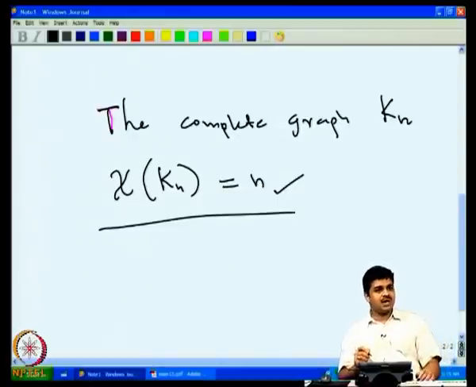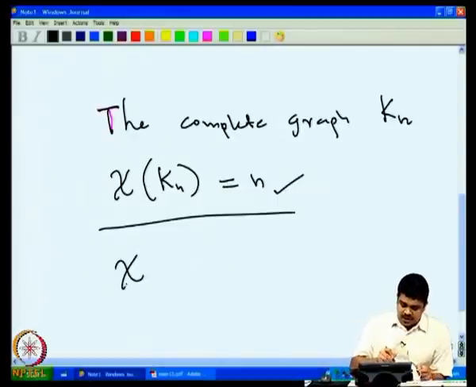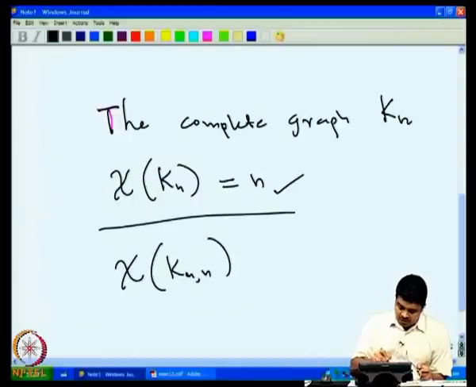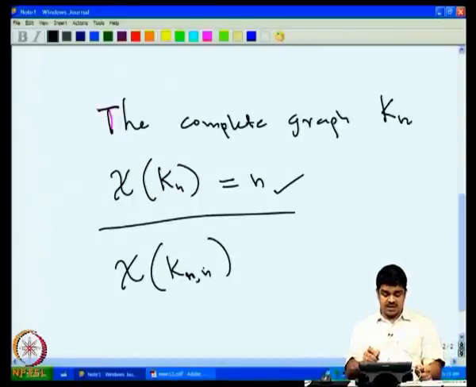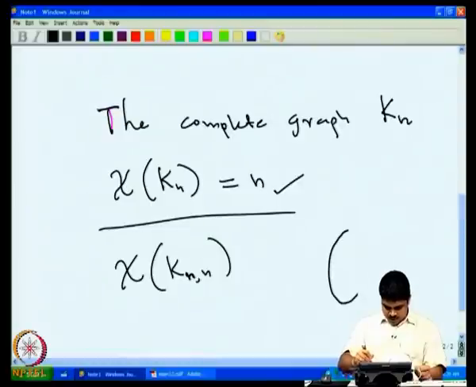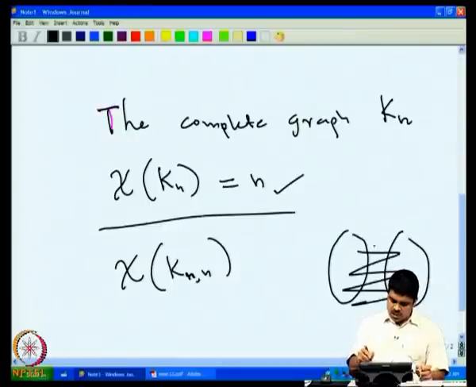Now what about a complete bipartite graph Kn,n? This also has lots of edges, but still it requires only two colors. Why does it require only two colors? Because a complete bipartite graph is like this, n vertices on each side, and then we have all the connections between the two sides.